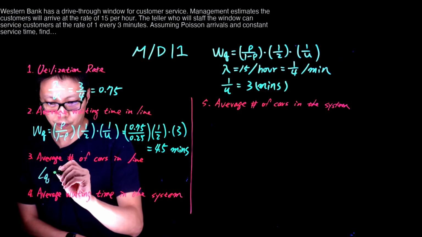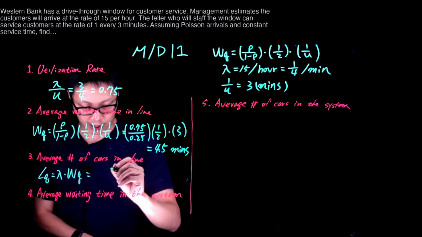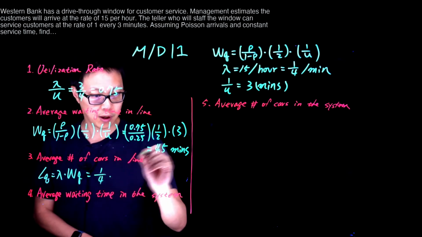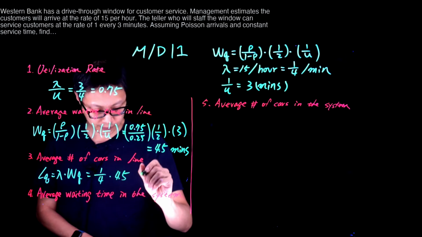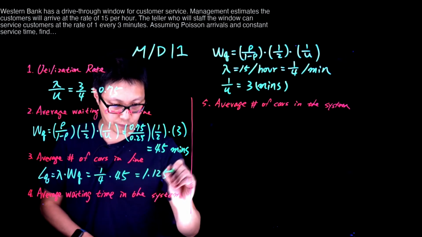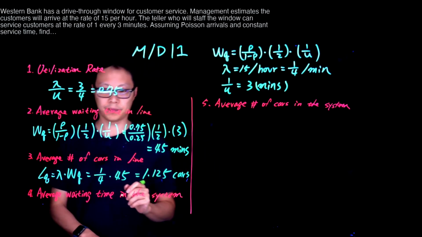So LQ equal to lambda times WQ, and that will be a quarter of 4.5, which means I have 1.125. The unit is cars.